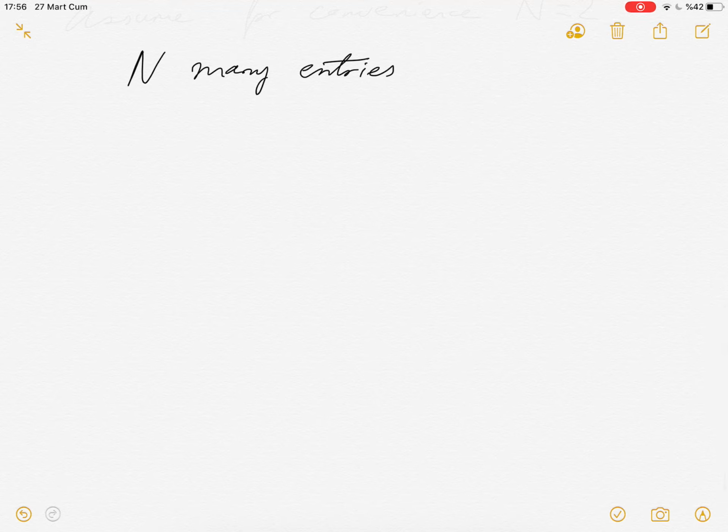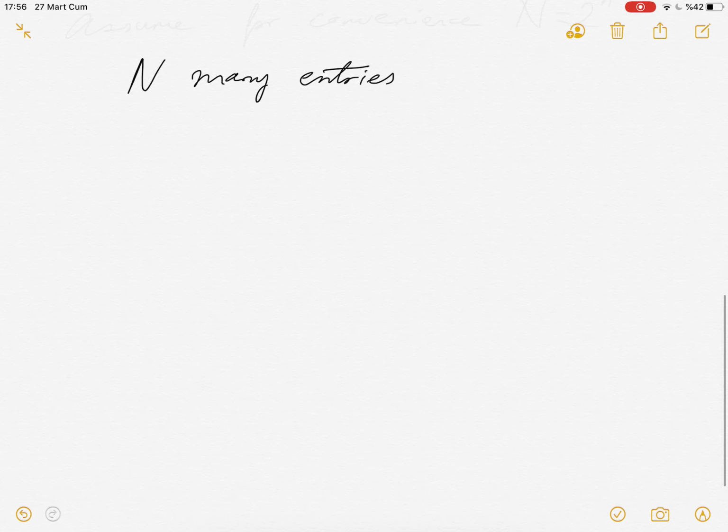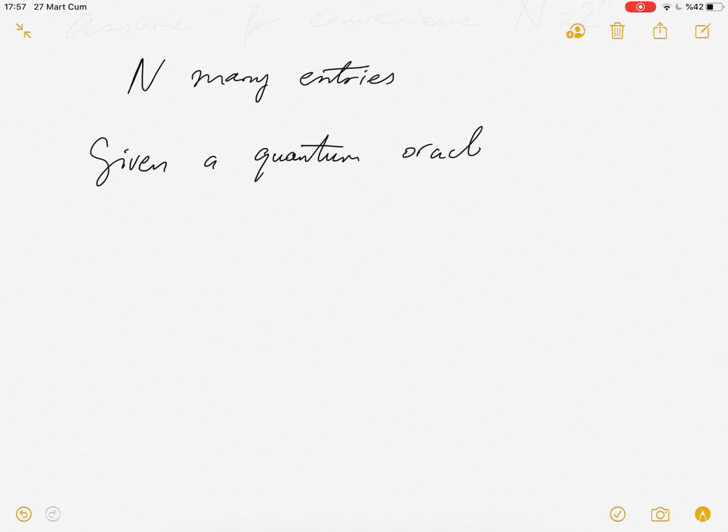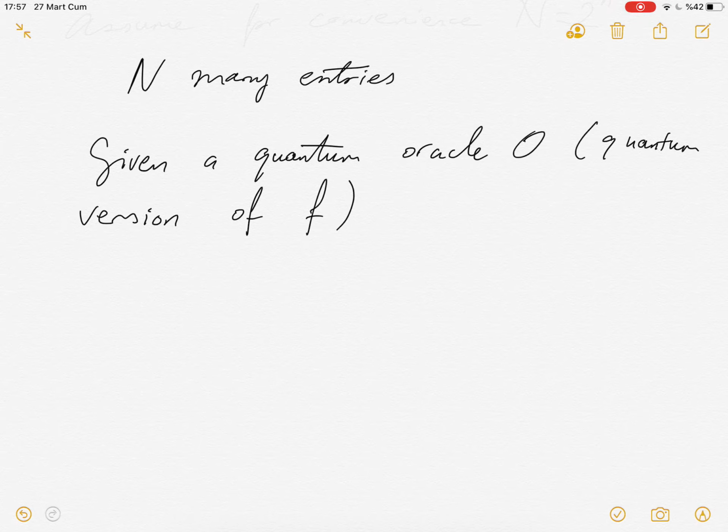Now, suppose that we are given a quantum oracle. This is actually the quantum version of f. f is given as an oracle, and O denotes the quantum version of f.